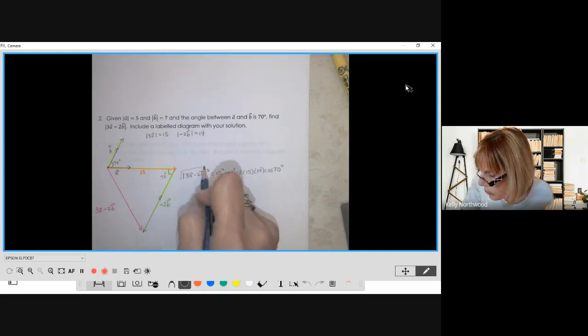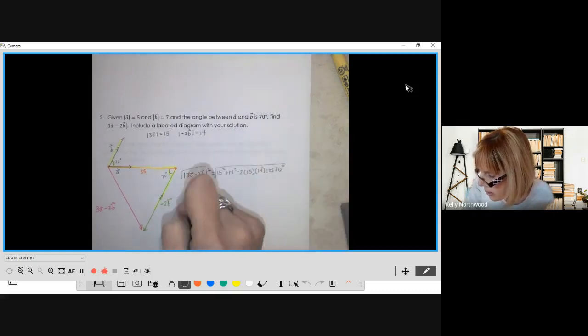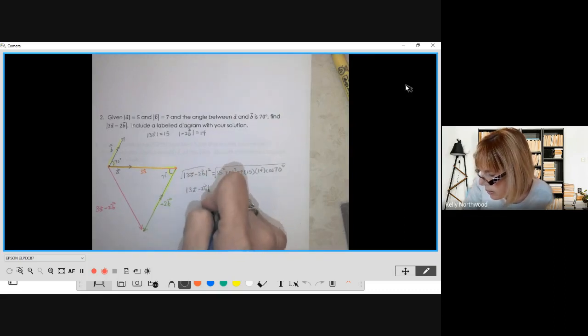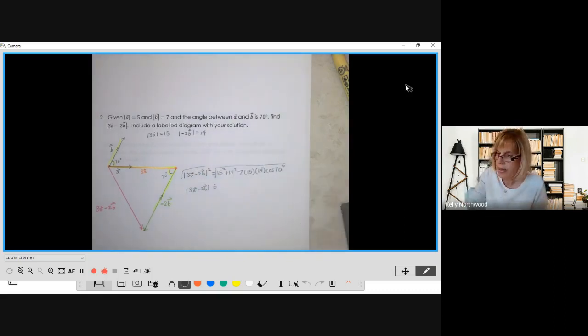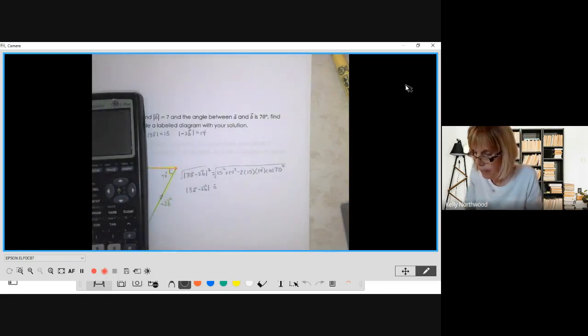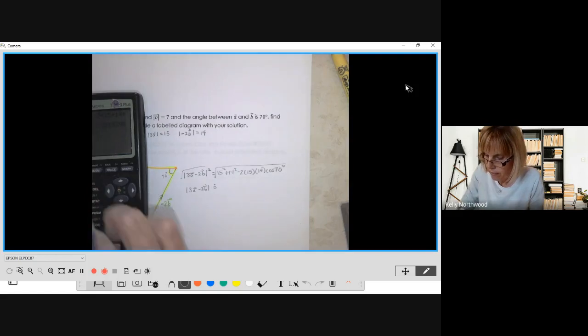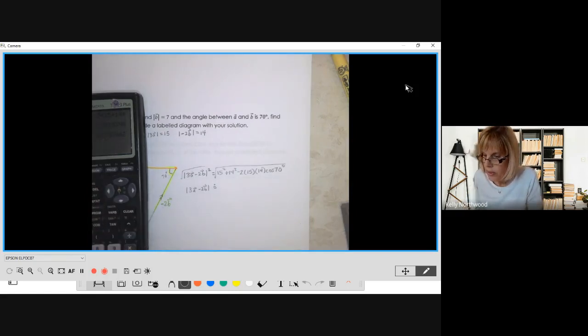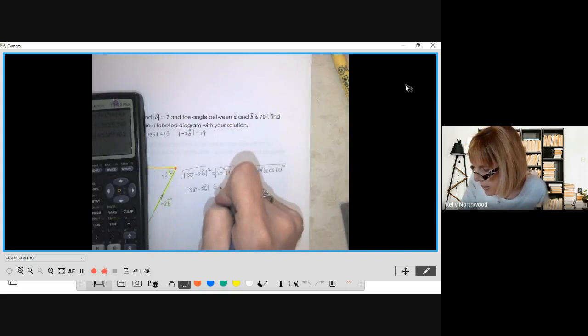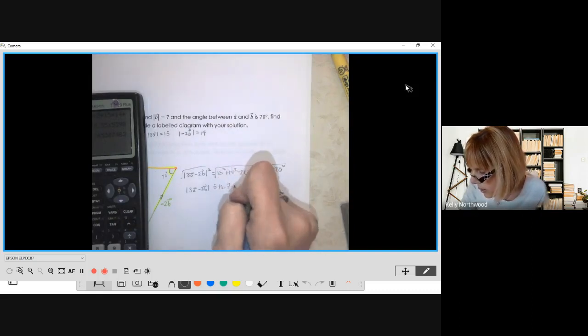And then square root both sides. And then go to our calculator. So I got approximately 16.7 units.